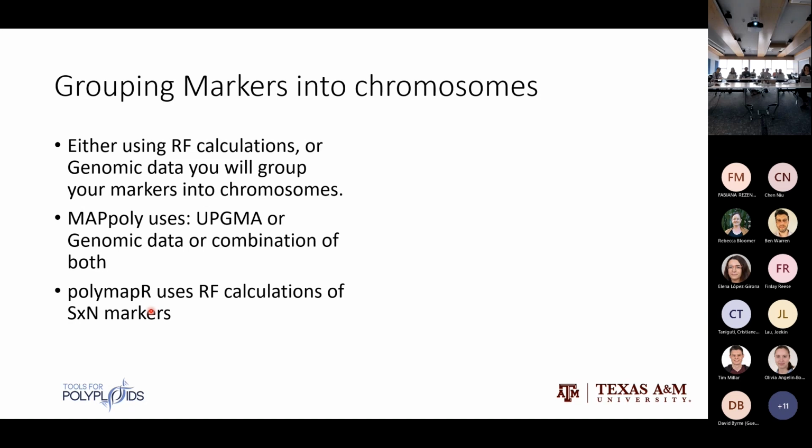If you have a good physical map, or a good annotated genome, and it's very good for your species and very close to your biparental crosses, you can use that. Or you can use a combination of both, and we'll go through all three methods in the code. For the ease of today's demonstration, PolyMapR is more hands-on and not as automatic. So we'll use some functions in PolyMapR, but we won't actually construct maps in PolyMapR today.